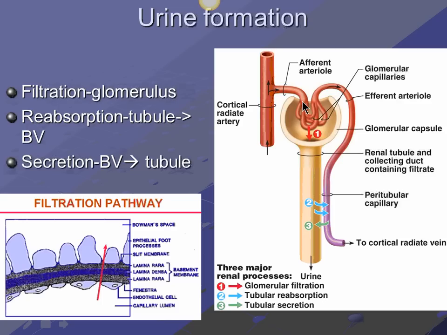It sent out the afferent arteriole, which was of a larger diameter, that broke up into a capillary plexus, and then from that we got the efferent arteriole, which was of a smaller diameter, so a pressure was established here. As blood flows through, because here is the filtration membrane, there are little pores, this is where filtration occurs. You can see it occurs into this capsular space or glomerular space. So filtration is occurring in the glomerulus.